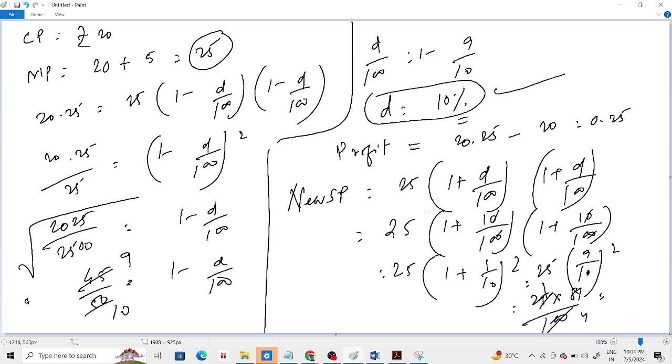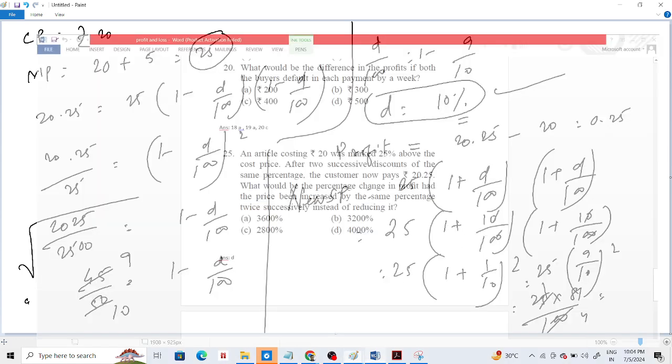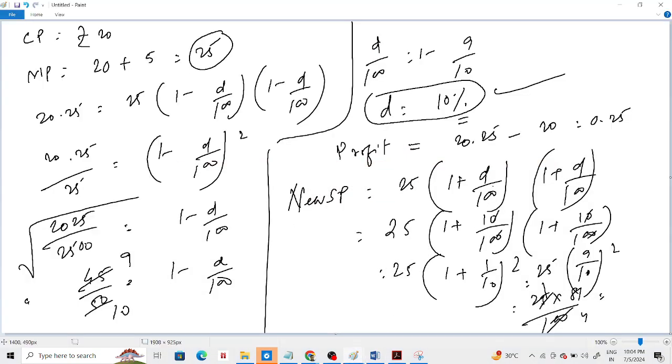The mark price was 25, now increasing twice by the same percentage. Oh sorry, it's 11.